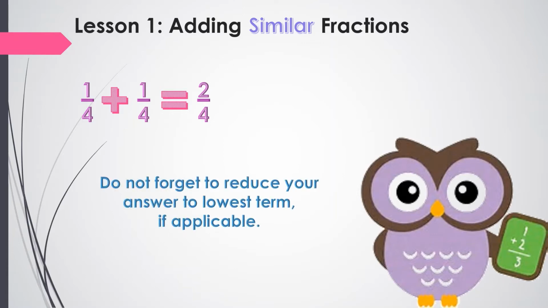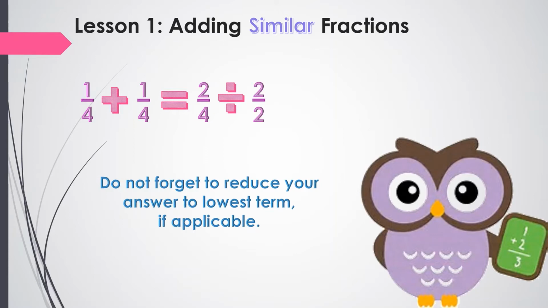Do not forget to reduce your answer to lowest term if applicable. How are you going to do that? So, you are going to look for a number that can divide 2 and at the same time can divide 4 also. So what do you think is the number that could break them? So, yes, you are going to use 2.